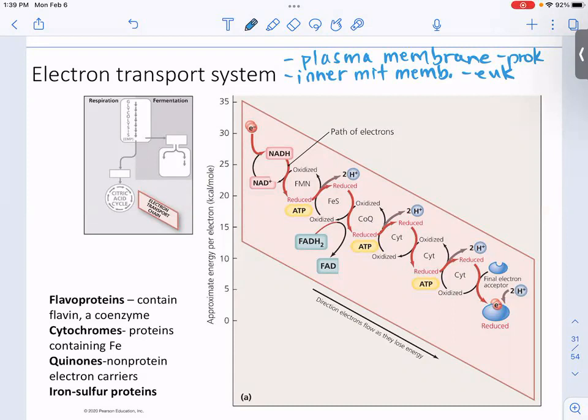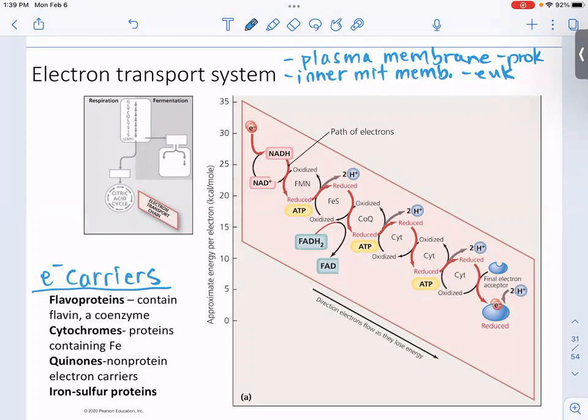Basically, the electron transport system, or electron transport chain, is a series of electron carriers embedded in that membrane. Here are some examples of electron carriers. You don't need to memorize the order of these.